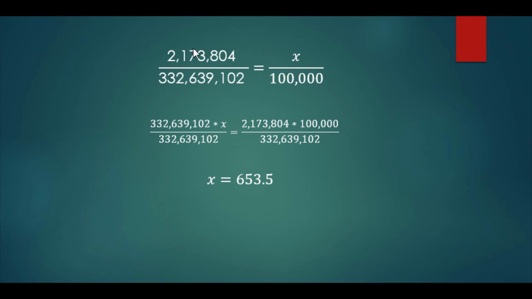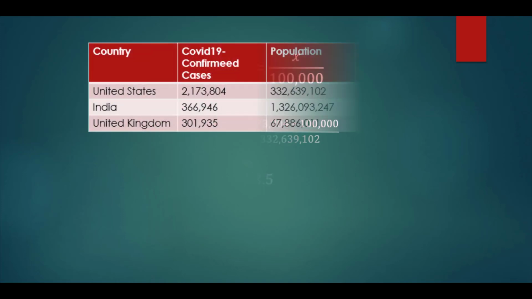This is now a rate, right? I'm going to change the rate so I have 100,000 on the bottom. And how do you do that? Well, you cross multiply and then you divide. And so for the United States, there's 653.5 confirmed cases per every 100,000 people in the population.